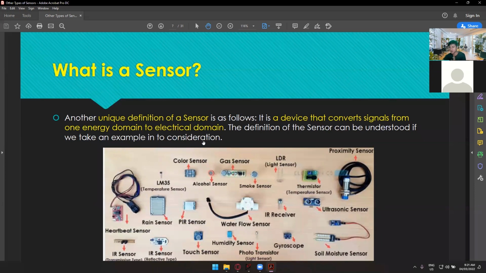For example, if you pass by a smart light, since it's using smart technology, it can sense someone passing by, then it will automatically light up. So a sensor is a device that converts signals from one energy domain to the electrical domain.